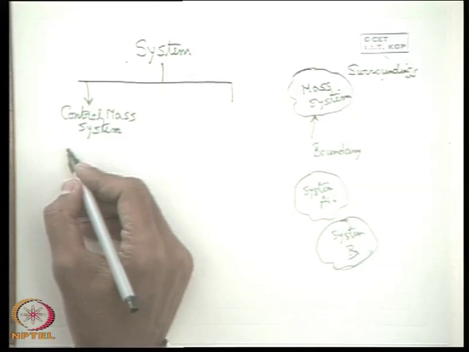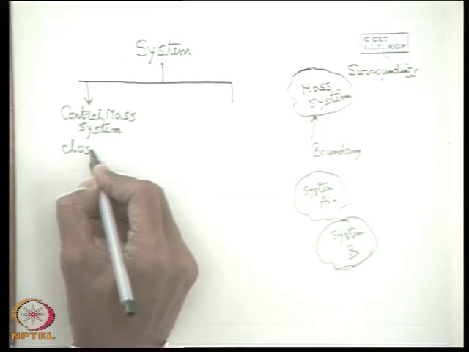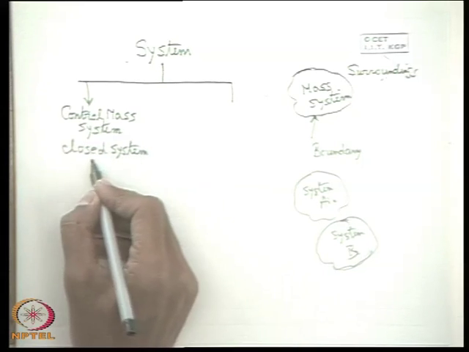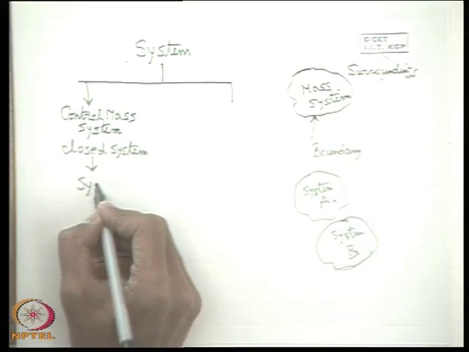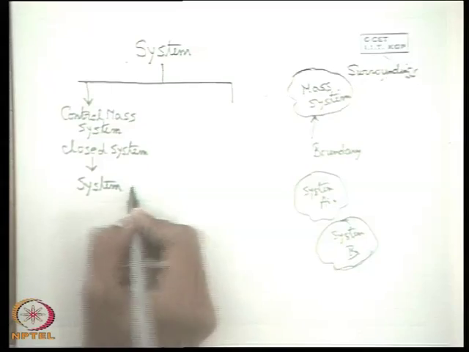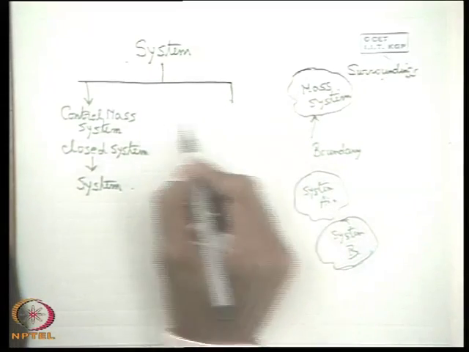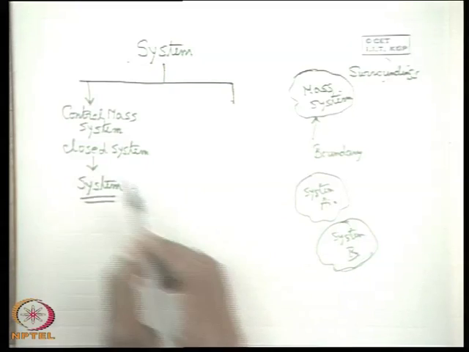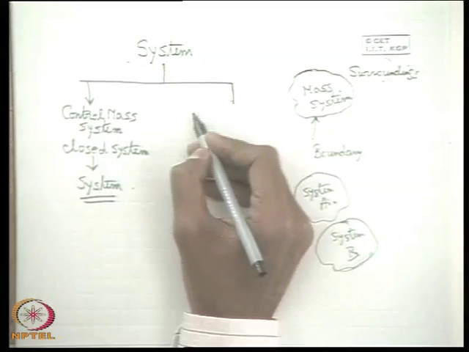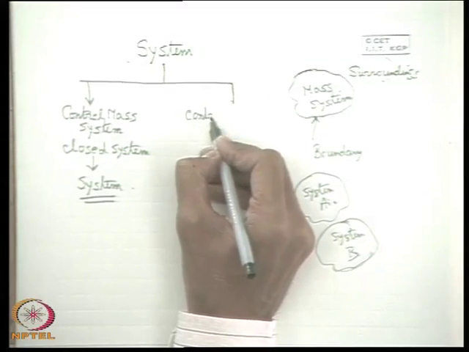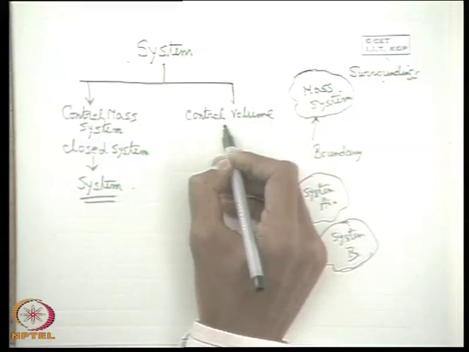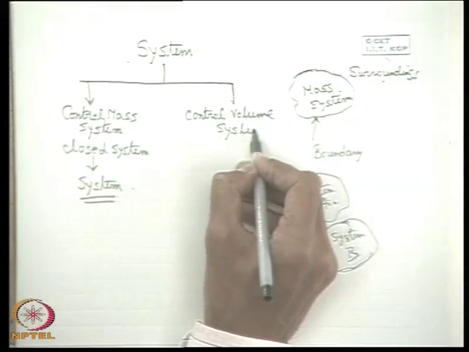Control mass system, or sometimes we call it closed system, or in a more liberal convention, we call this simply the system. Then you can ask me, sir, the other type of system you have told, is that not called a system? Usually not. So I am coming chronologically. It is basically the control mass system, and another is the control volume system.